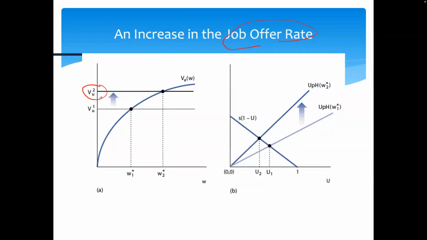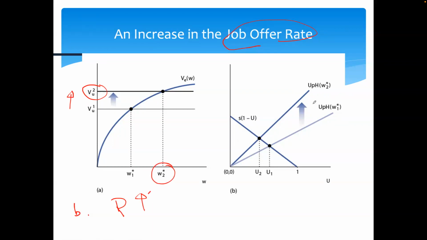Because when I stay as unemployed, not only do I receive a benefit, I also have a chance to receive a job offer, and potentially a better job offer than I'm receiving now. If this P increases, then certainly it becomes more attractive to stay unemployed. So again, the reservation wage is going to increase, right?